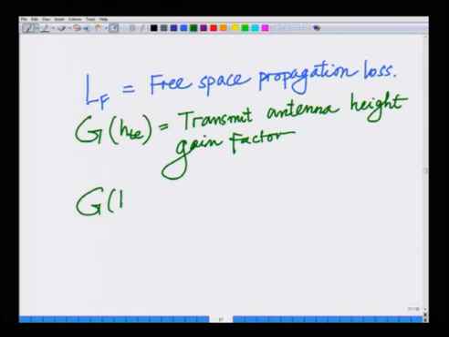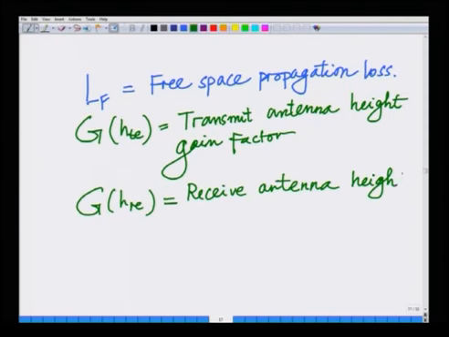Similarly, GHRE is the receive antenna height gain factor. This gain arises because of the height of the receive antenna.